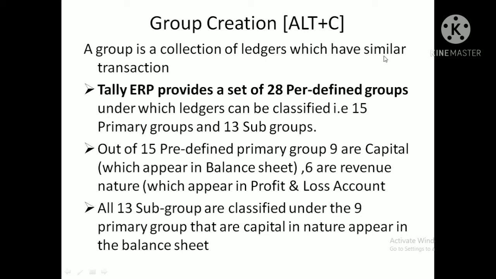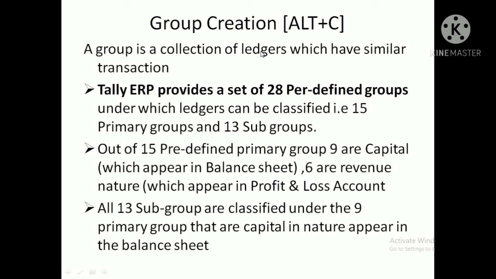There is no need to create these 28 groups, because Tally Solutions Private Limited provides these 28 groups to the users by default. Those groups we call predefined groups. They may ask in the examination: mention the predefined groups in Tally. So be careful about this concept. Tally ERP has 28 predetermined or predefined groups.